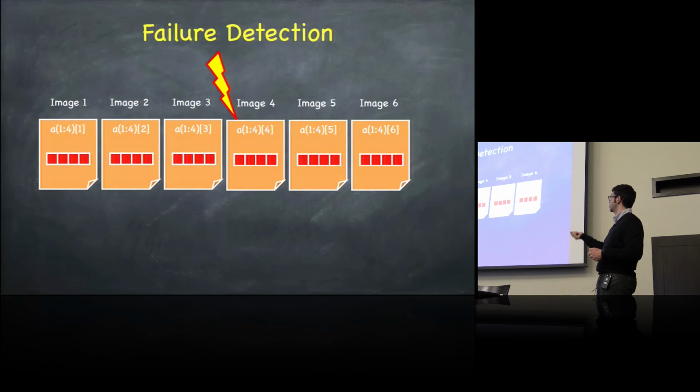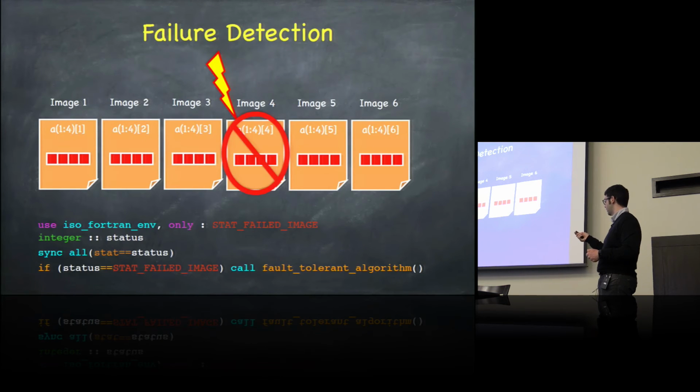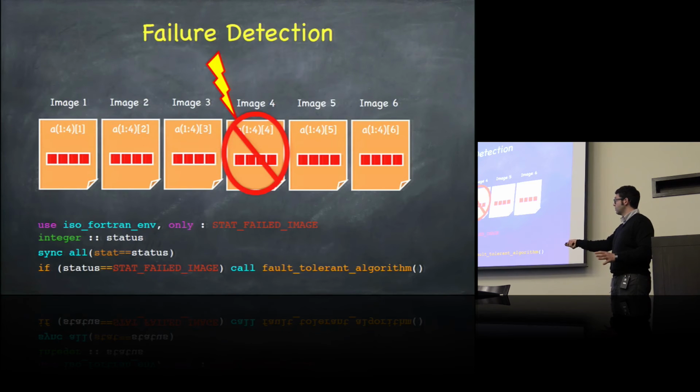And this is an example. Let's imagine we have this configuration here and a failure strikes on image 4. Because we are calling a sync call, and if you are familiar with MPI, a sync call is practically equivalent to an MPI barrier, all the images will detect the failure, because all the images have been involved in this barrier.